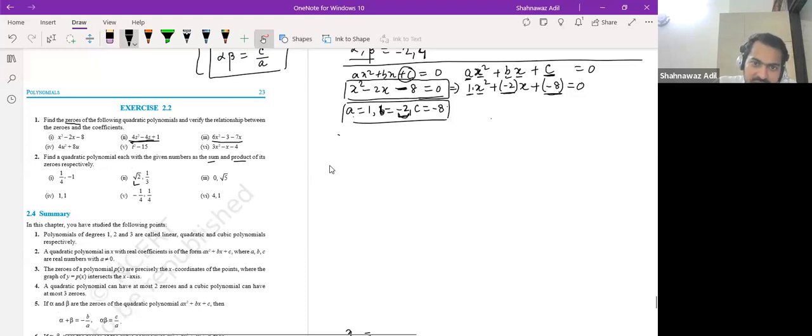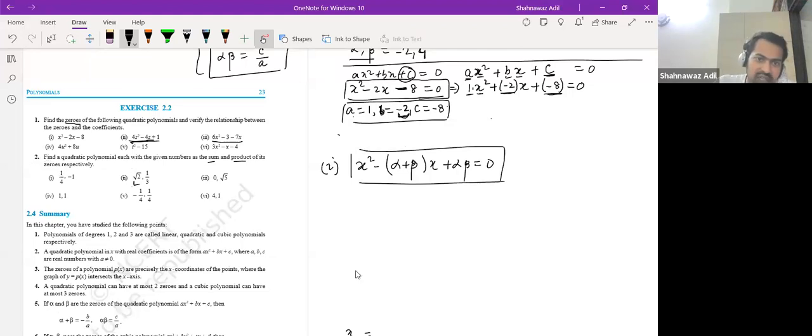So we already know, and we have to keep in mind, that when we know the roots, we can write the quadratic equation as this. So this is our second question, right, guys? Yes, sir.